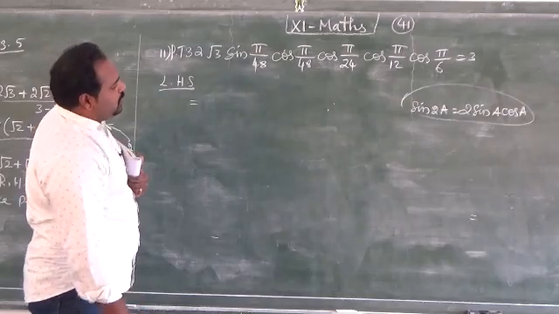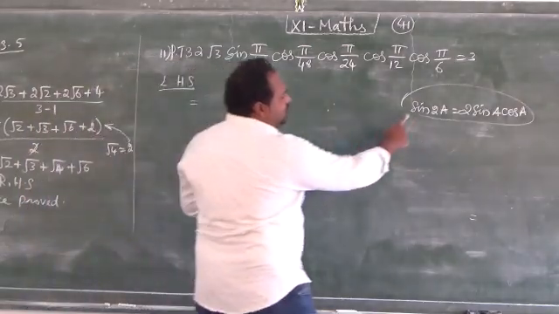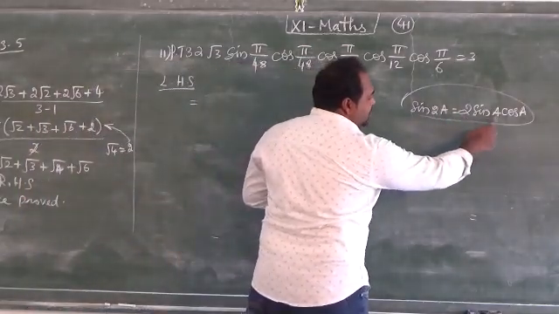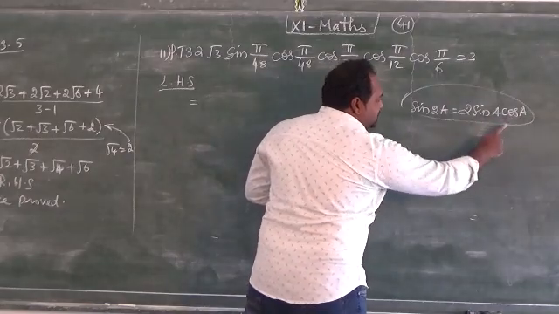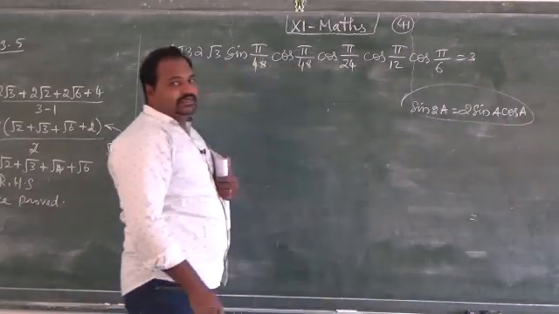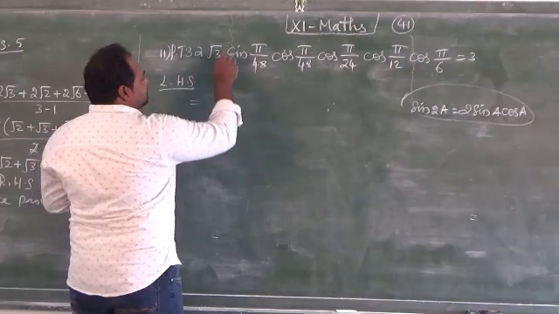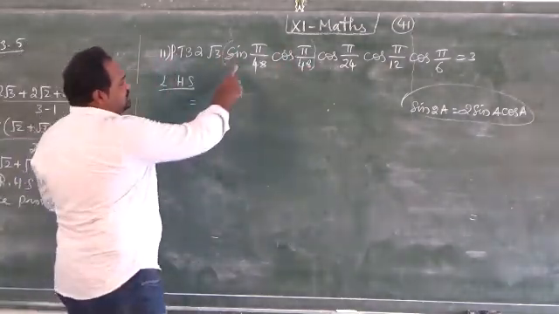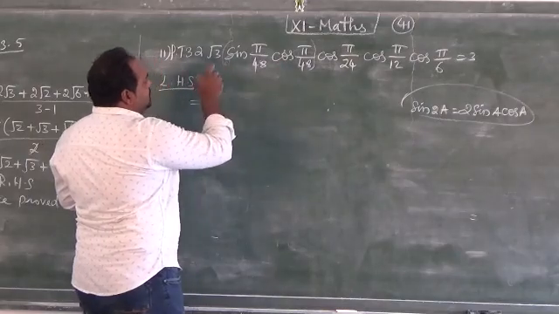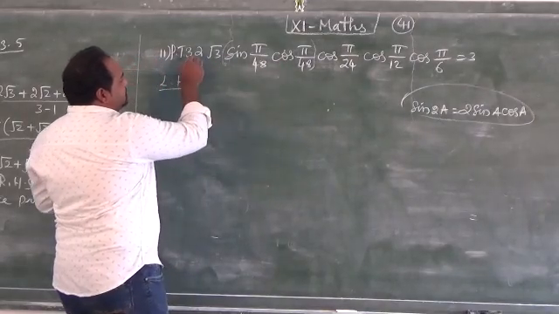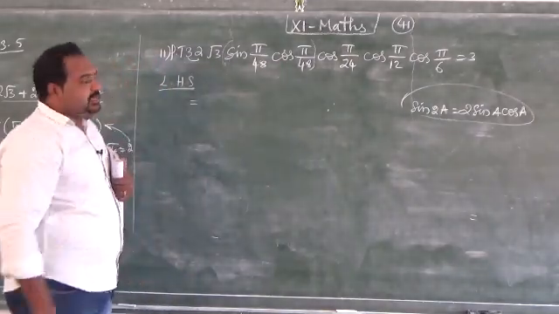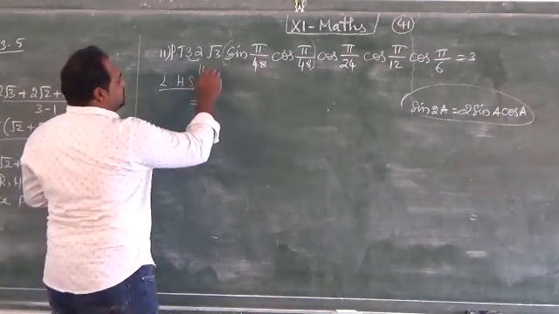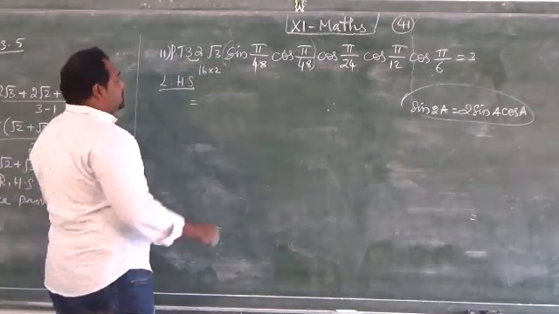If you want to use the identity sin 2a, the 2 must be there. Even if it is sin a cos a, we must have a 2 here. So 2 is missing in this term. So I can take a 2 from splitting this 32. 32 can be written as 16 into 2.